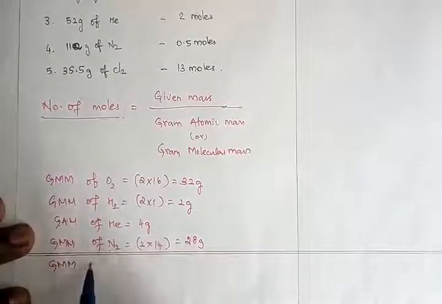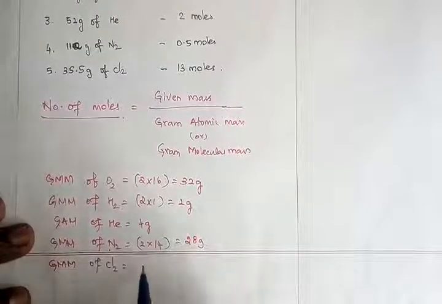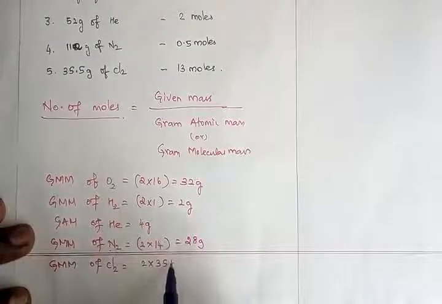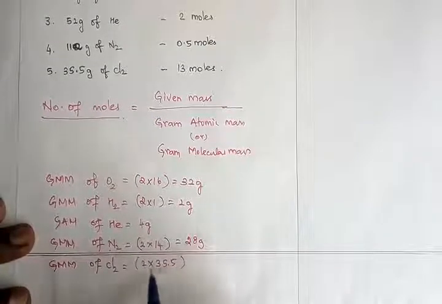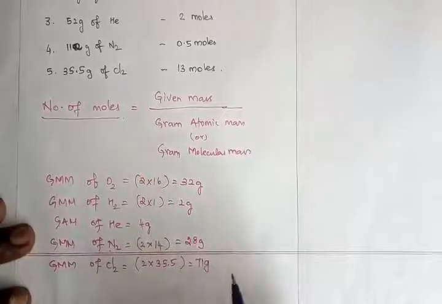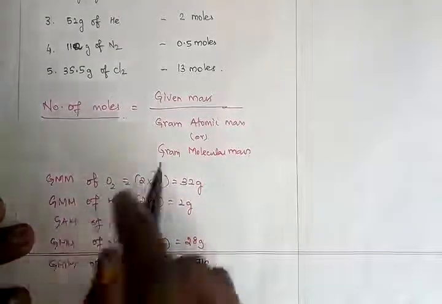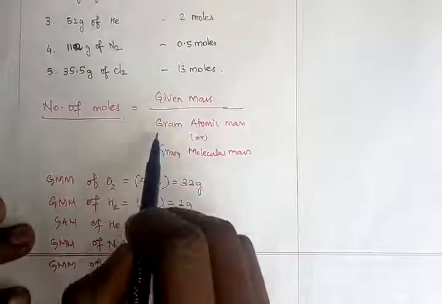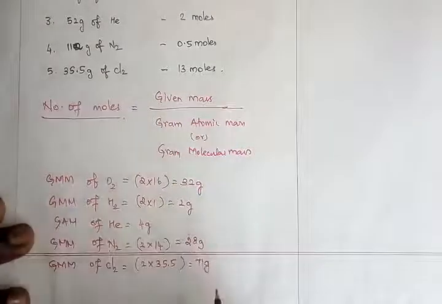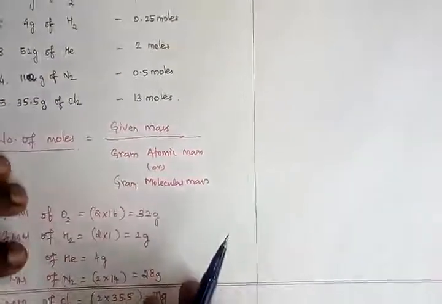The gram molecular mass of chlorine is equal to 2 into 35.5, so the answer is 71 grams. So this is the idea. Now given mass by gram atomic mass, we will solve one by one and find the answer. Let me go and solve the first one, that is 8 gram of oxygen.